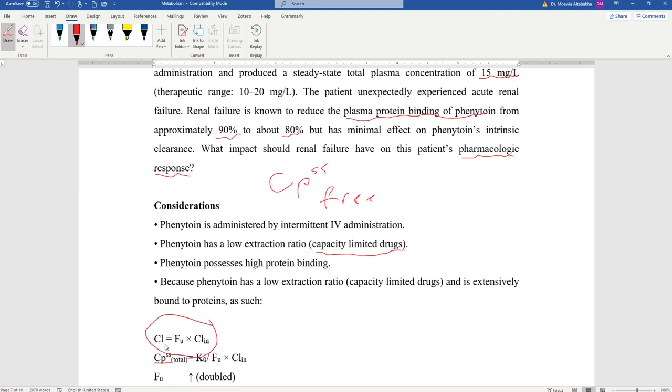Of course, the hepatic clearance of this drug is equal to fraction unbound times the intrinsic clearance. What happened to the fraction unbound? The fraction unbound doubled. Look, it was 10% fraction unbound. Because of renal failure it became 20%.